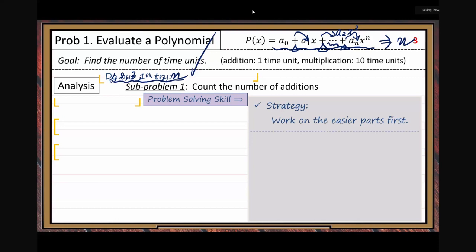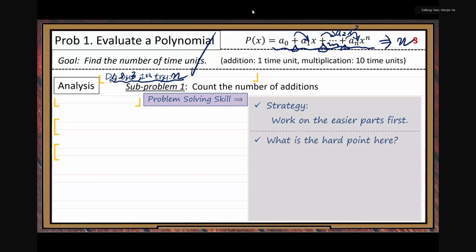Here we have two subtasks: counting the number of additions, task 1, and counting the number of multiplications, task 2. When we have more than one task, we should start with the easier one. Do not start with the harder one. With the easier one, you can always do better. Here, the easier task is counting the number of additions. That's easy, so we just did it. All right.